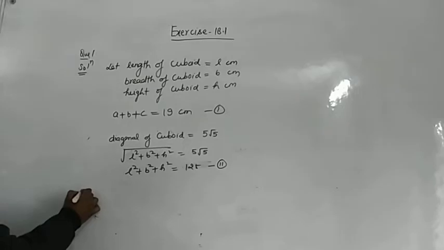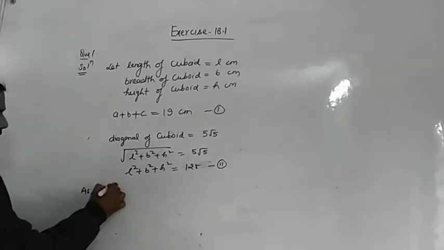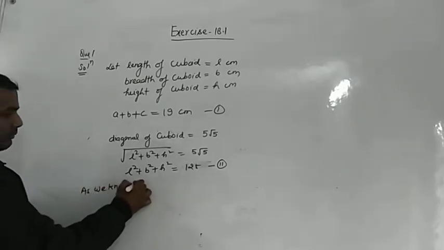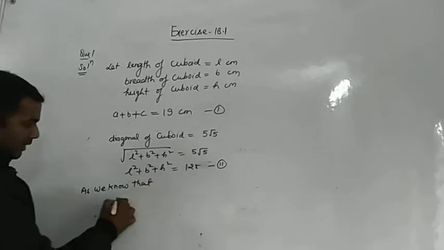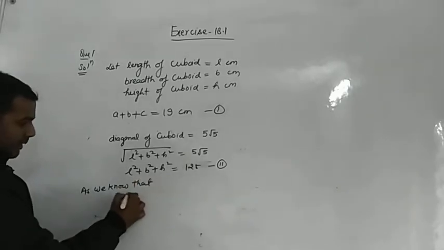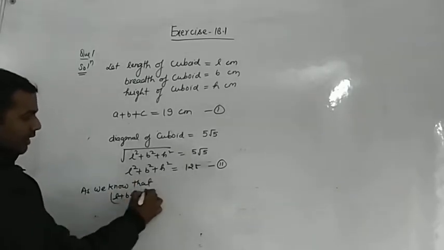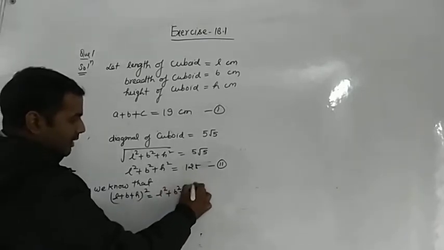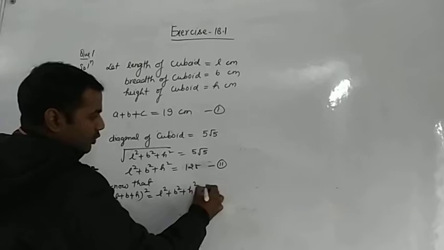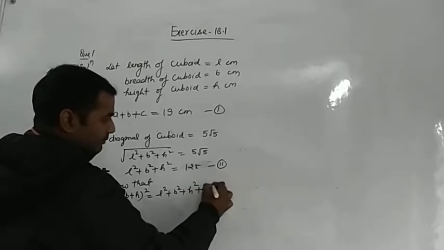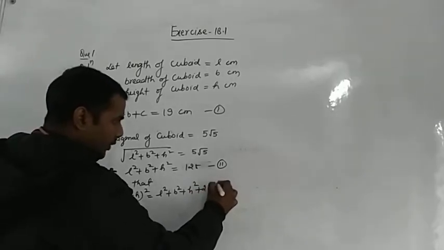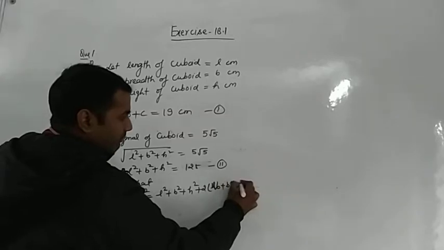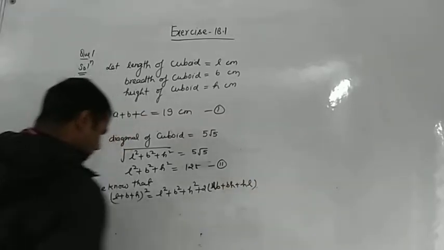As we know that L plus B plus H whole square is equal to L square plus B square plus H square plus 2 times LB plus BH plus HL.